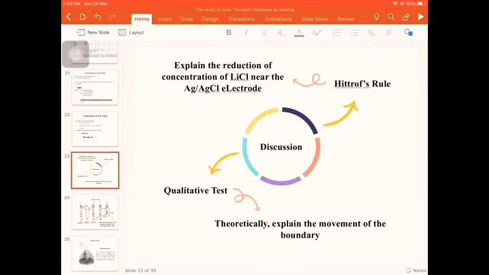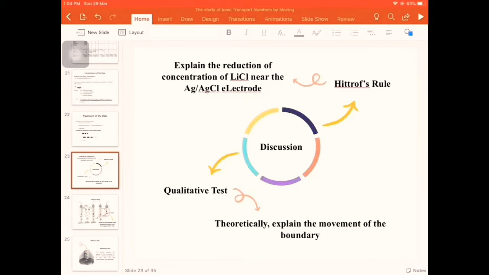From that we can simply conclude that by applying Hittorf's rules, the migration of the ion really can happen. That shows that the movement of the ion really happens throughout the experiment, and the lithium ion really migrates from one side to the other.